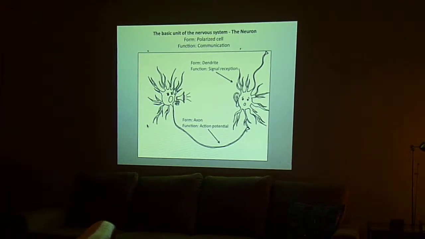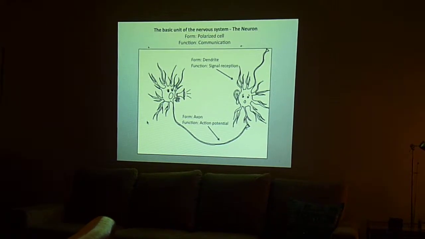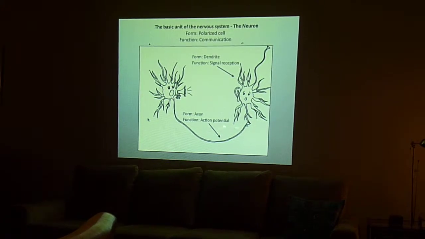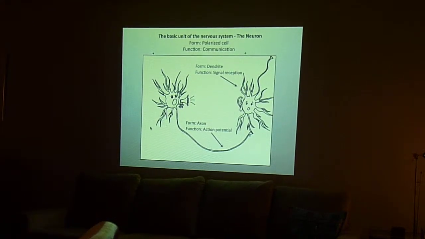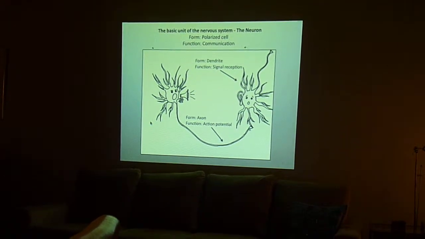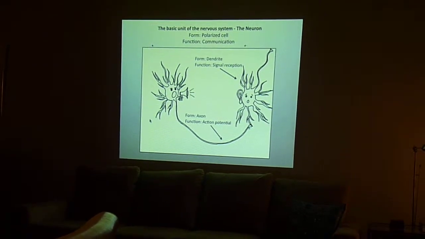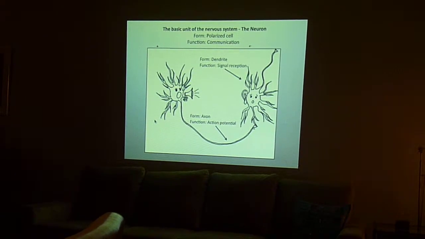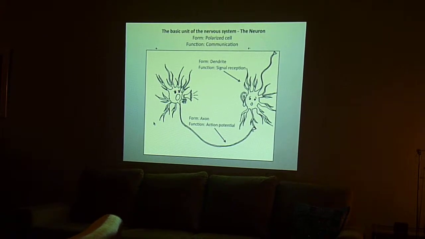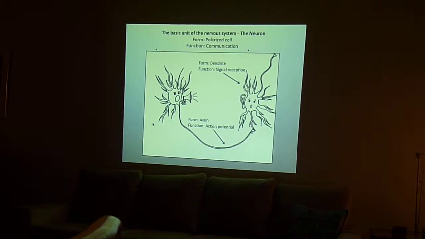Is it always a one-to-one relationship? No, not at all, in fact. In the human cortex, you have about 10,000 synapses on one single cell. So there's a whole lot of information being pumped into any one neuron from multiple sources.